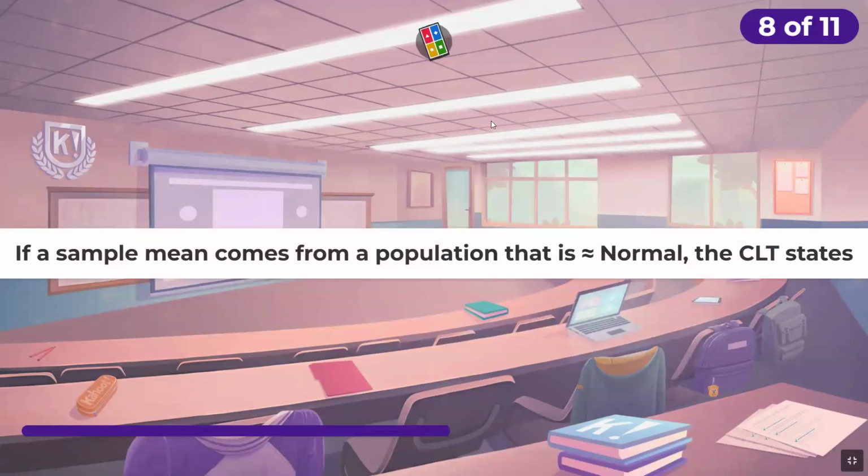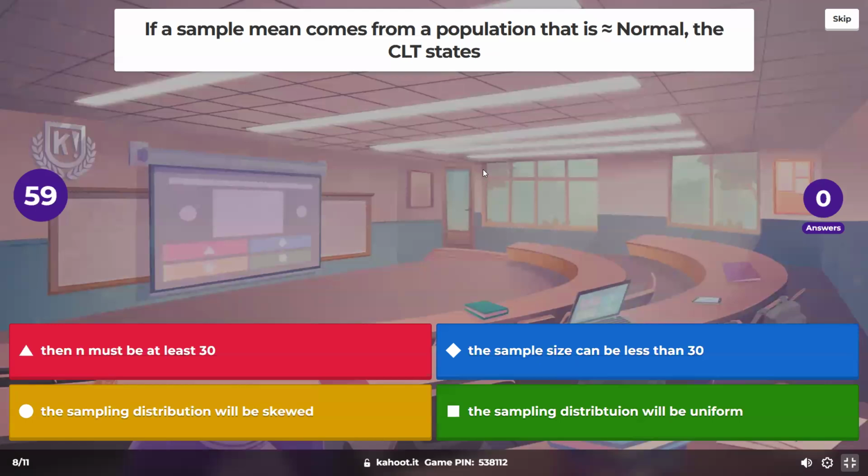If a sample mean comes from a population that is approximately normal, the central limit theorem states... Sorry, the app is asking me to pin again.